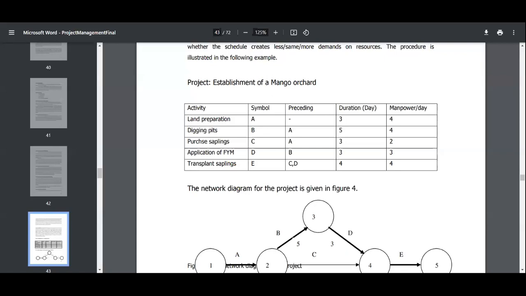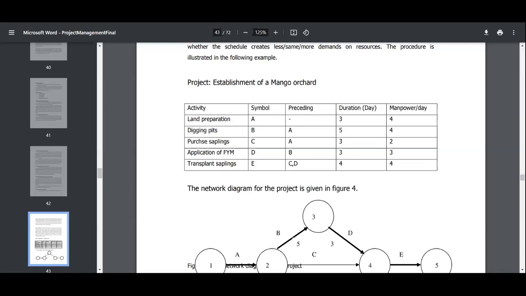Now the third is purchase sampling, right? Whatever samples you have, they must be approved by the lab. You need the lab sample, then you start the work. Give it code C, and it depends on A. Until A's work is done, B and C cannot work.